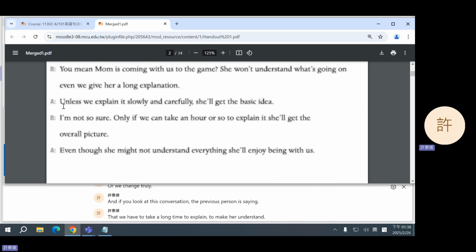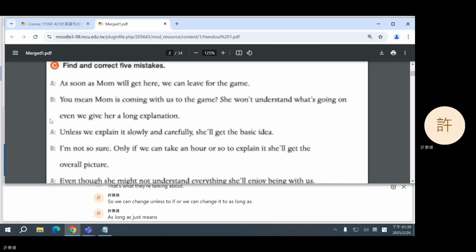And this person disagrees. So it looks like this person is saying, no, no, no. If we explain it slowly and carefully, she will understand. Right? So that way the two people have different ideas. That's what they're talking about. So we can change unless to if, or we can change it to as long as. As long as just means, well, in Chinese it means 只要. So this is the only thing we have to do.